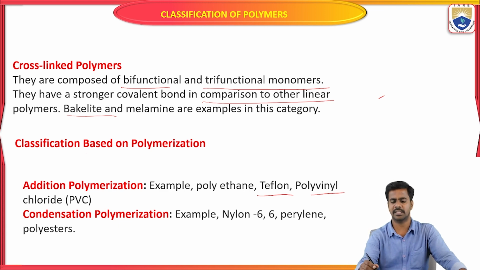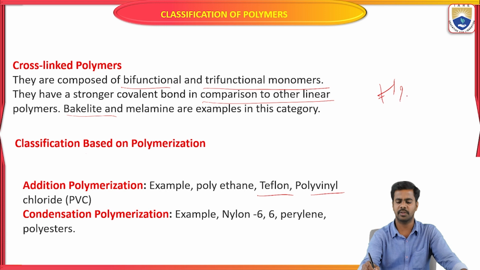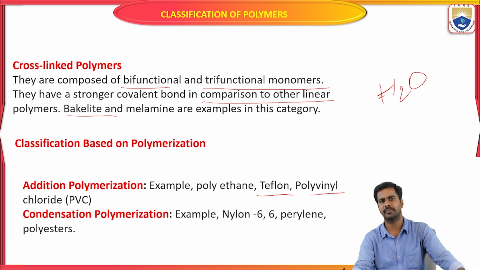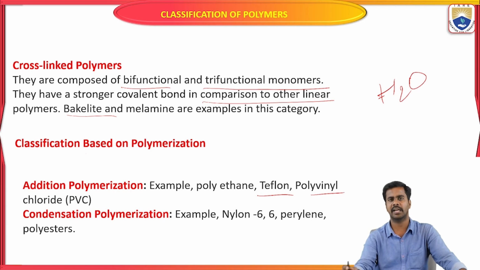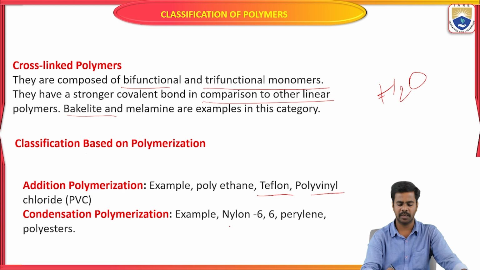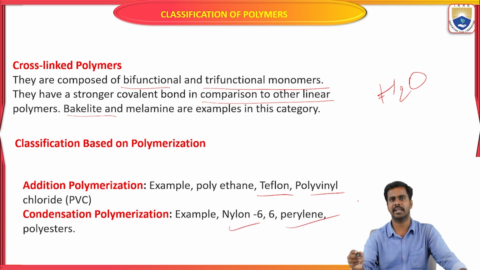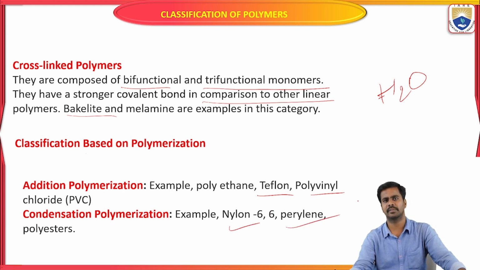In most cases, a water molecule will be eliminated in condensation polymerization reactions. Examples of condensation polymerization are nylon 6,6, bakelite, terylene and polyesters.